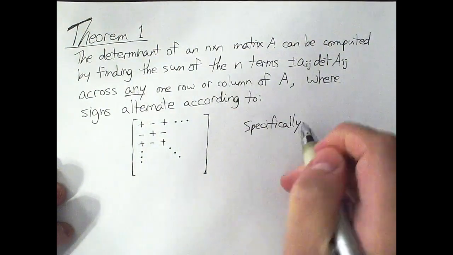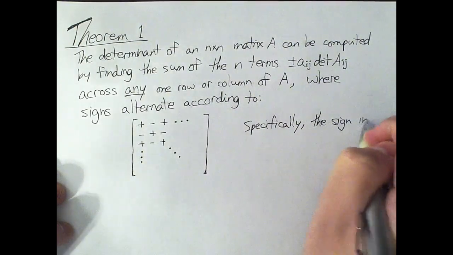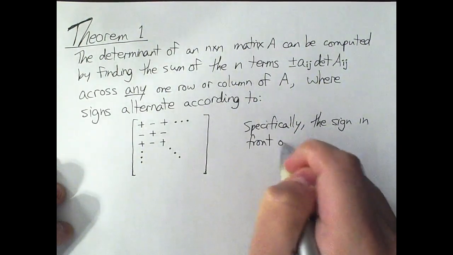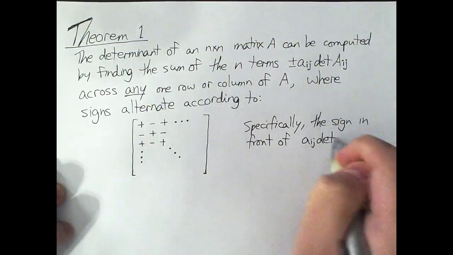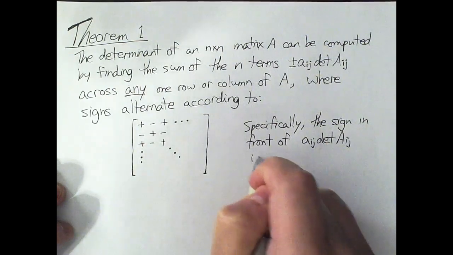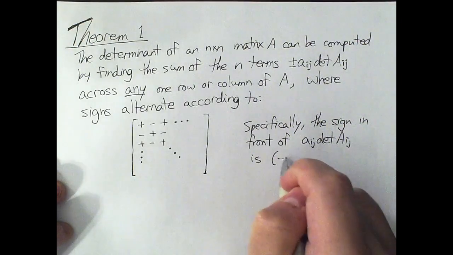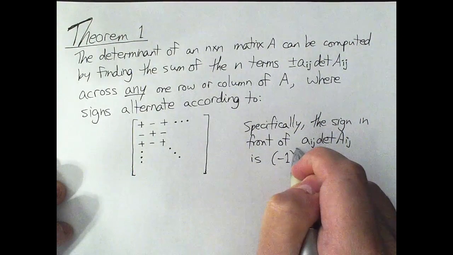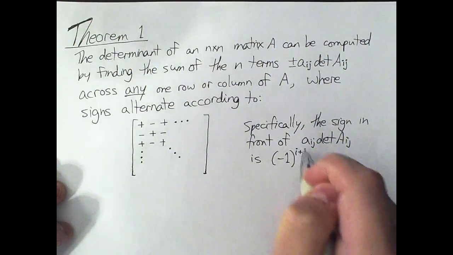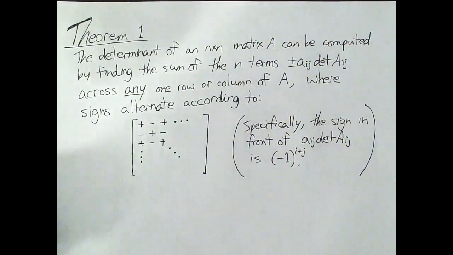That doesn't seem very precise. So specifically, the sign in front of a_ij times the determinant of A_ij is, doesn't it seem like we should be able to do -1 raised to some kind of power to give us either a +1 or a -1? Yeah, -1 to the i plus j. I'm going to put that in parentheses.